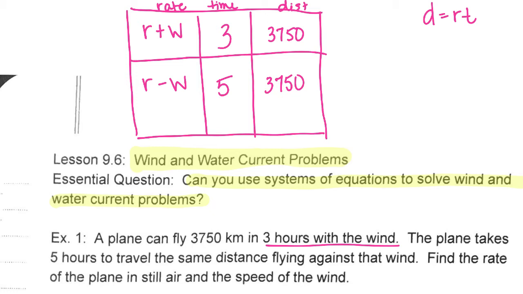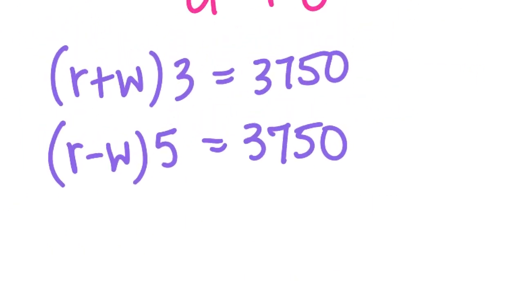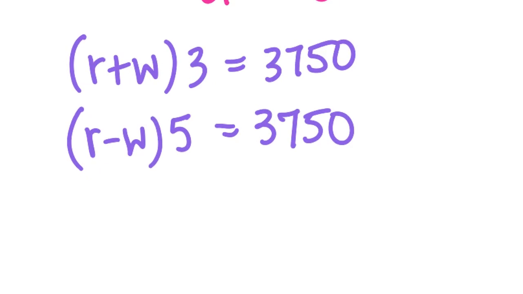So we can set this up as a system of equations. I'm going to take r plus w, multiply it by 3, and that gives me 3,750. And I'm going to take r minus w, multiply that by 5, and that gives me 3,750. Now what I love about this is we can actually take this 3,750 and divide by 3.